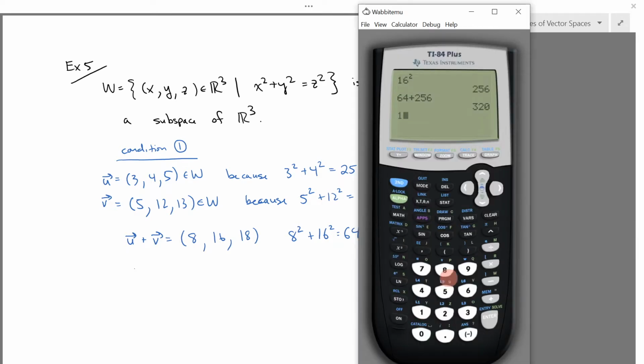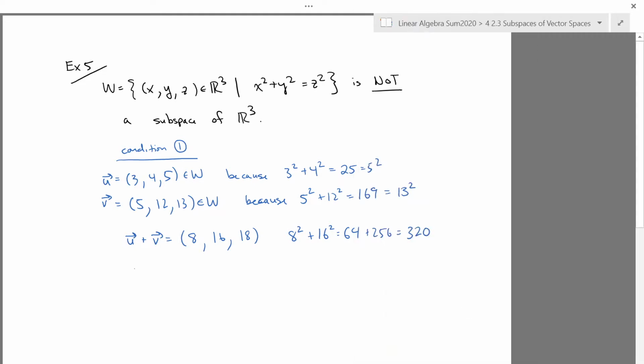What is 18 squared? It should be 324. So this is not equal to 18 squared. Okay, so condition 1 fails.